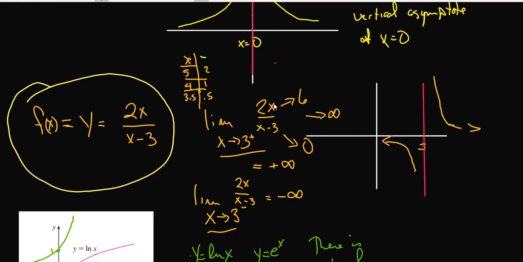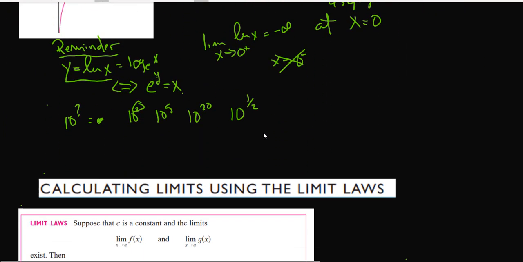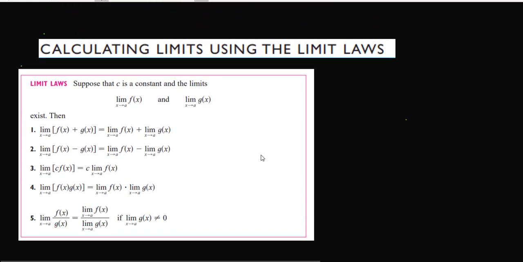We just sort of looked at the top piece and we looked at the bottom. We tried to think about it, but we'd like to come up with something which would allow us to do things a little bit more methodically, and these laws will help us. So we're not going to prove these laws, but maybe we'll just sort of think about them.